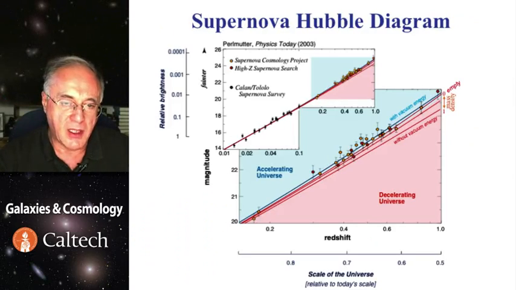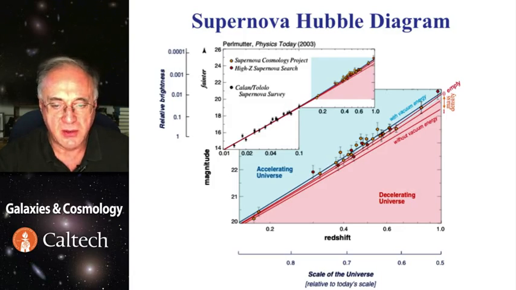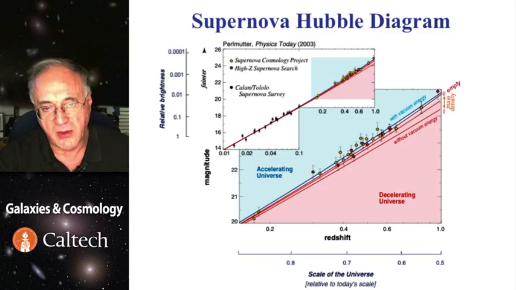But the second thing that happened was the use of supernova explosions as standard candles with more modern instruments to push Hubble diagrams much deeper than was done before. And it turns out that that can also constrain cosmological parameters in important ways, and it became one of the key ingredients in the discovery of dark energy.